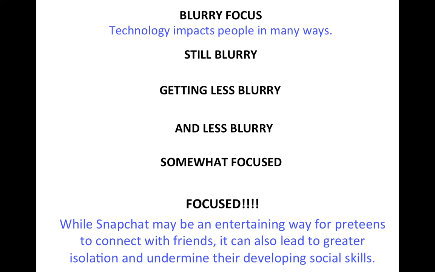Is it on topic? Yes, it mentions technology and it talks about how it affects people, but it doesn't tell us the kind of technology that's going to be discussed, nor does it name the impacts. So that's really problematic. You don't want a thesis like that.